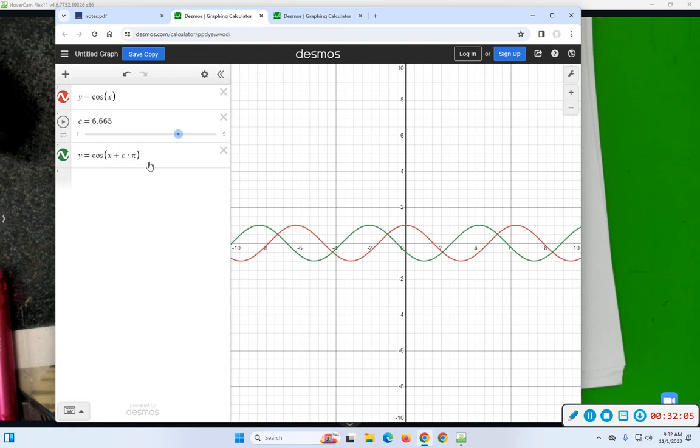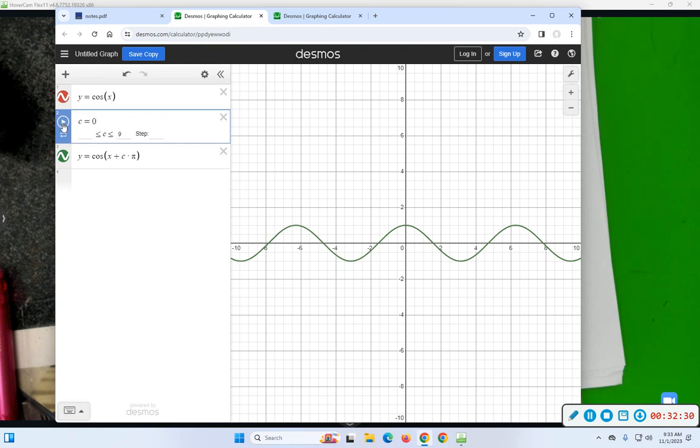So let's start tweaking that number c, starting at 0. And let's just start ratcheting that constant c up until the green graph lies exactly on the red graph again. And right now it does, but the constant is 0. The period is the smallest positive number where this happens.